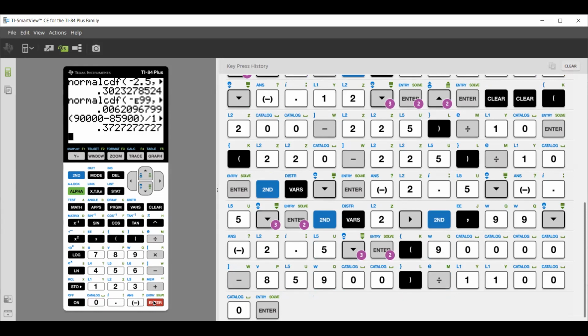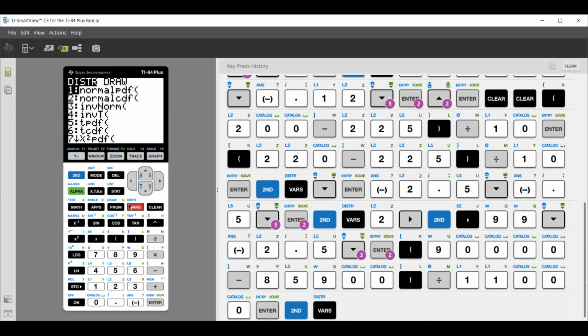Yep. All right. So now what do we do with that number? We normal CDF it. Second distribution, normal CDF number 2. What's our lower? Not infinity this time. 0.37, because remember, we're going up from there, right?